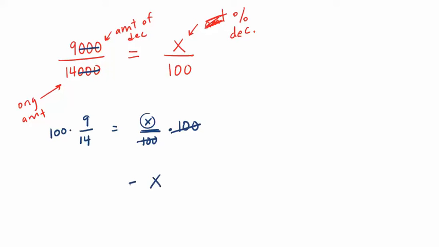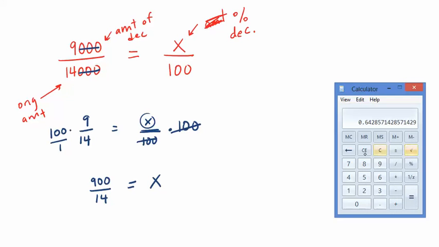And you get x equals, okay, let's see, what is 100 times 9 over 14? You could reduce with the 100 and the 14, or you could multiply first. 100 to 100 over 1, so that would be 900 over 14. I'm going to use a calculator to finish this out, since the numbers are a little bit big and the video is already getting long.